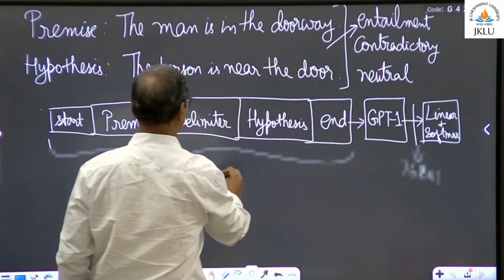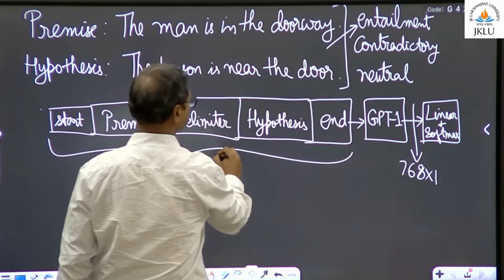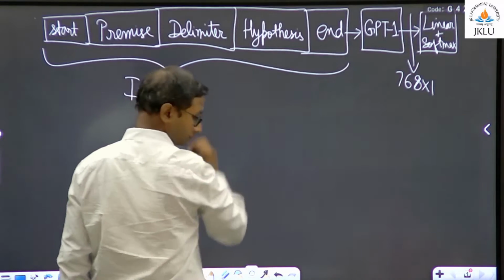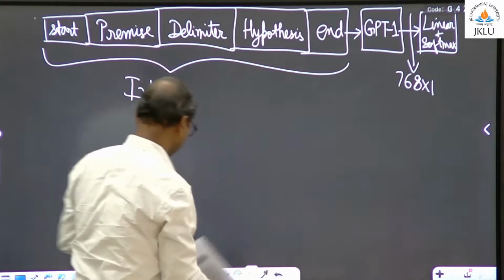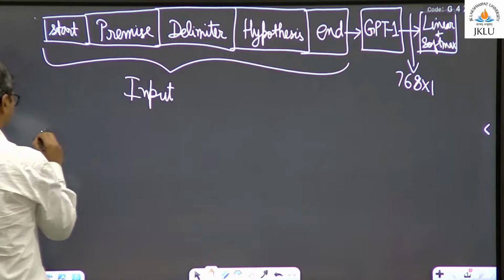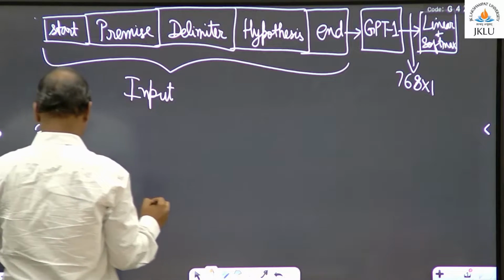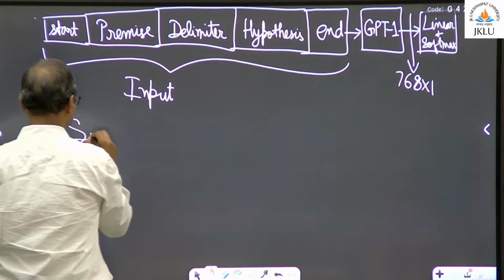Now, so this was our second problem. Now let us go to the third problem. The third problem that they talk about is similarity.